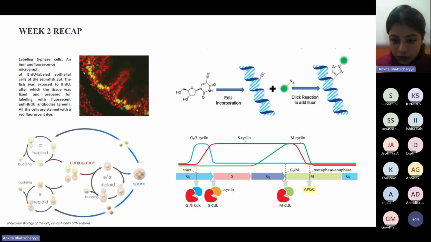It is very easy to procure and very small, so you can easily manipulate it in whatever way is necessary. It is a very preferred model for research, especially for developmental biology, to understand how development occurs, and also for studying regeneration, how cells can regenerate, and sometimes also for studying cancer.